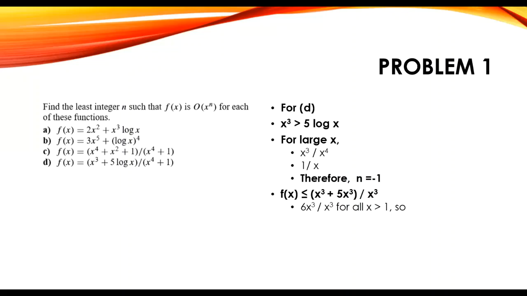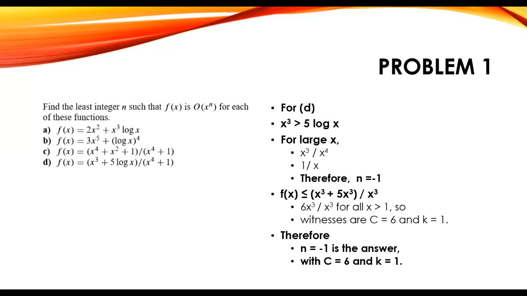So therefore our c is 6. And if we evaluate the equation, 6x cubed divided by x cubed should be greater than the original equation, so k should be equal to 1. Therefore, n is -1, c is equal to 6, and k is equal to 1.